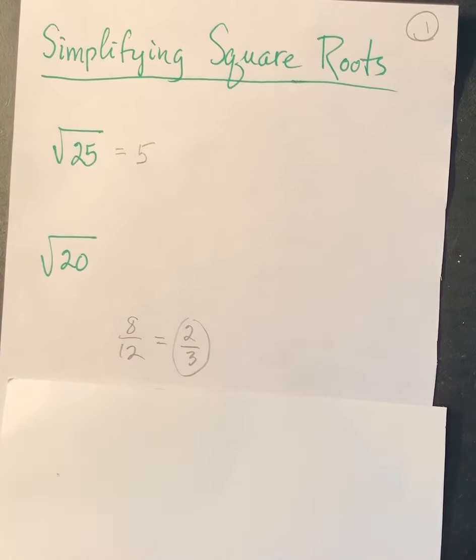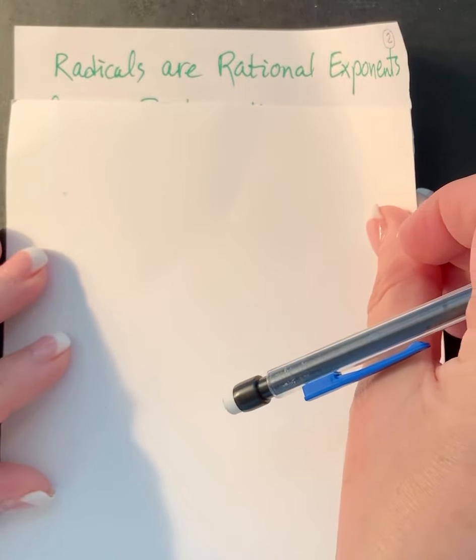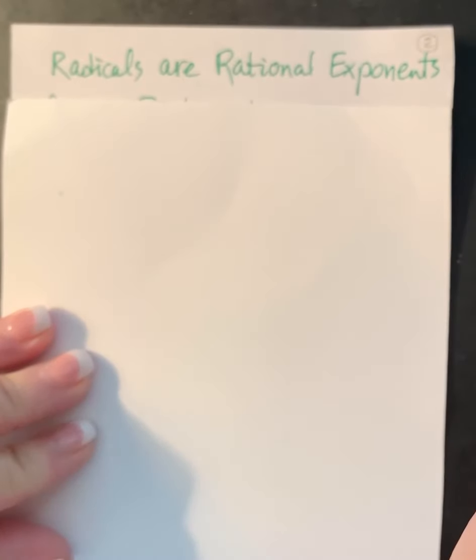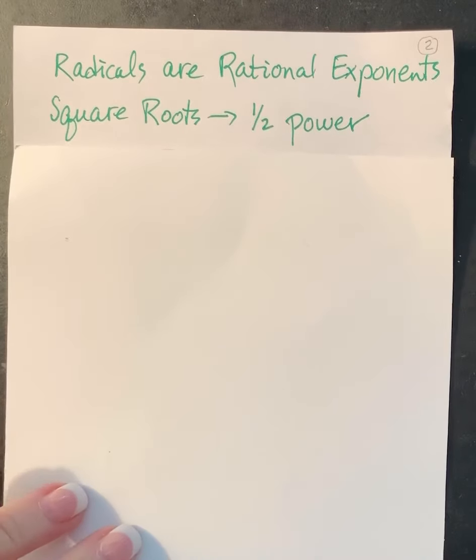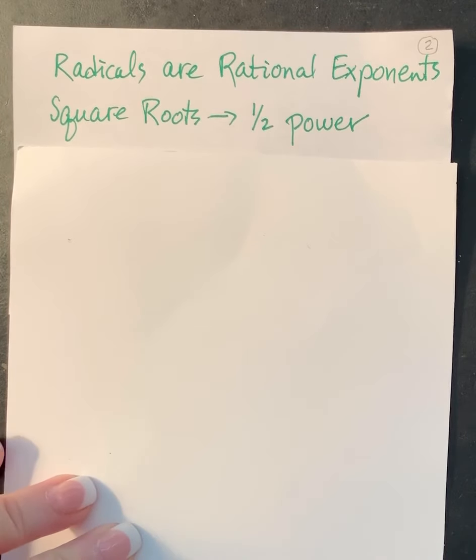All right, now to just understand all of this in general, we're going to be working with properties of exponents. And we do need to remember that radicals are rational exponents, meaning if you have a radical, you could write it with a fraction exponent. Specifically, square roots. That means you're raising something to the 1/2 power.